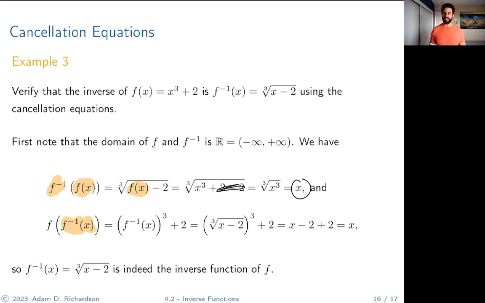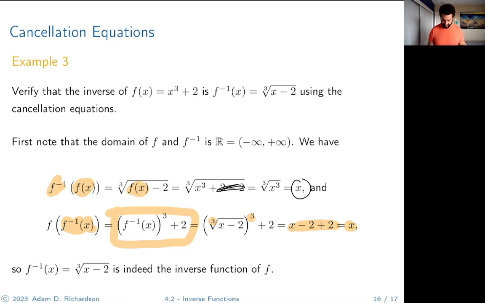So plug f inverse into the function f, like we're doing right here, and then again, you'll see everything cancels out. The cube root and the cube cancel out. Then you're left with x minus 2 plus 2, which leaves you with x. So indeed, the inverse that we calculated is the inverse function of f, because the cancellation equations are valid here.